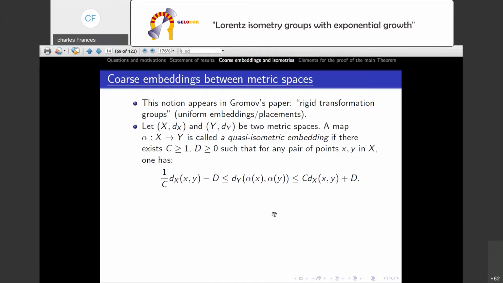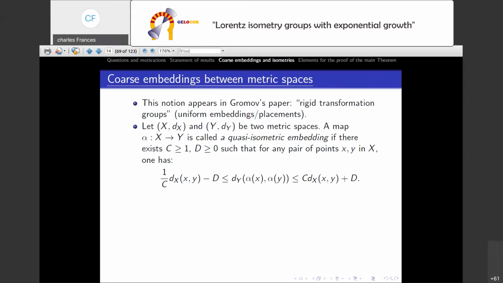The distance between the images of two points is controlled by two affine functions of the distance of the initial points. That's the point in quasi-isometric embeddings. Of course, the map is not continuous. It's very irregular, and that's why this notion is interesting. You require no regularity for the map.